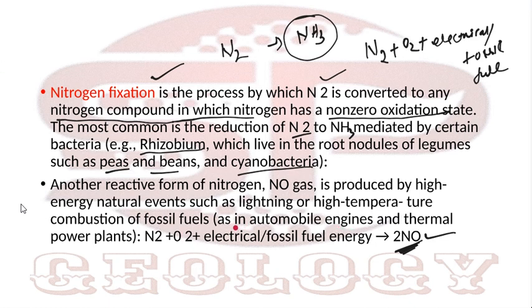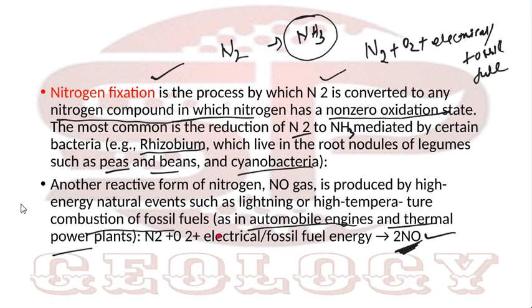It is also found in fossil fuel combustion in automobile engines and thermal power plants, where N2 is mixed with O2 with some electrical energy and fossil fuel energy. That means at very high temperature you can convert N2 plus O2 to 2NO, but it requires very high energy, electrical energy or fuel energy, during lightning or during combustion of fossil fuel.